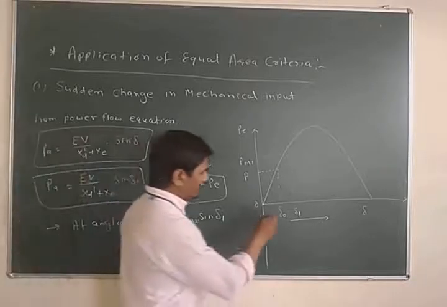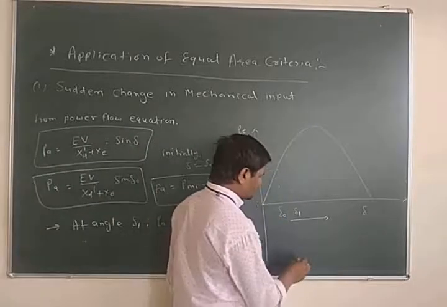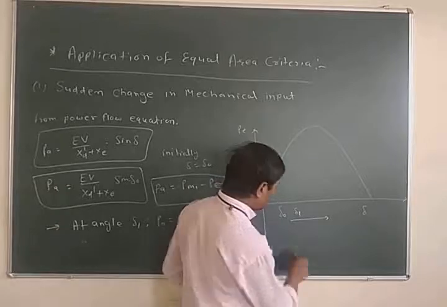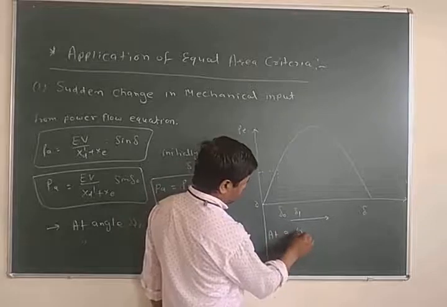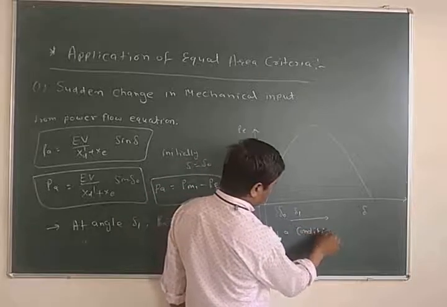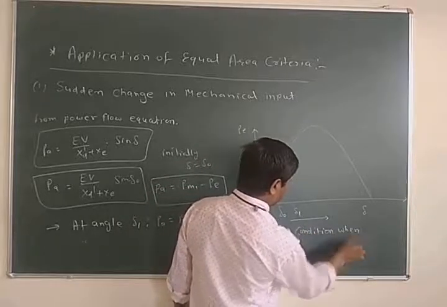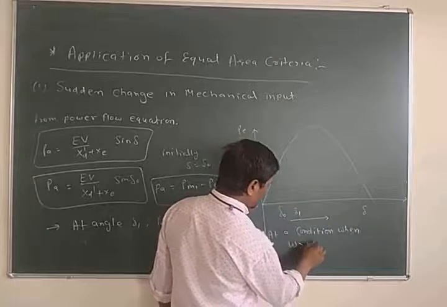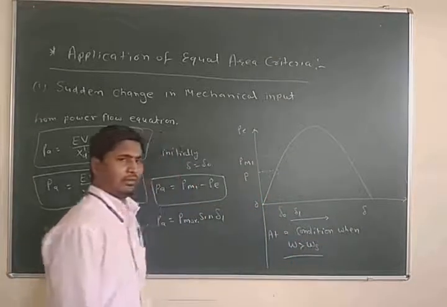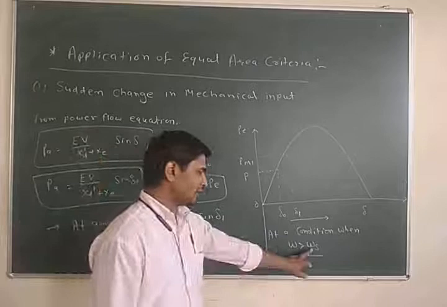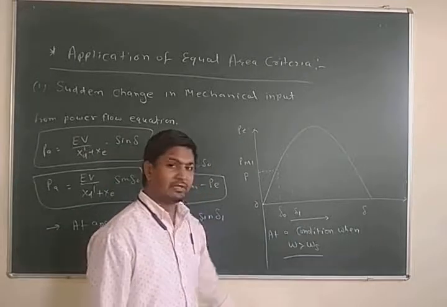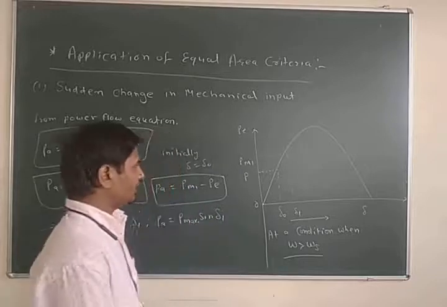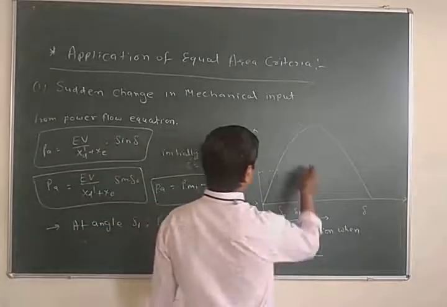This continuous change in rotor angle is due to the change in speed, a condition when omega is greater than omega s, when rotor speed is greater than synchronous speed. So in this case the rotor will decelerate. So we can represent the rotor angle delta 2.